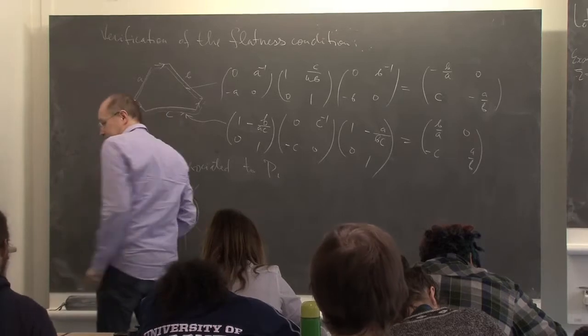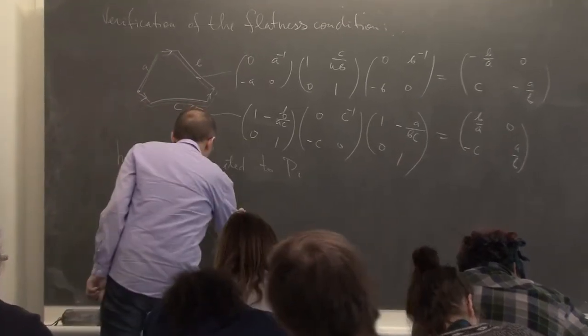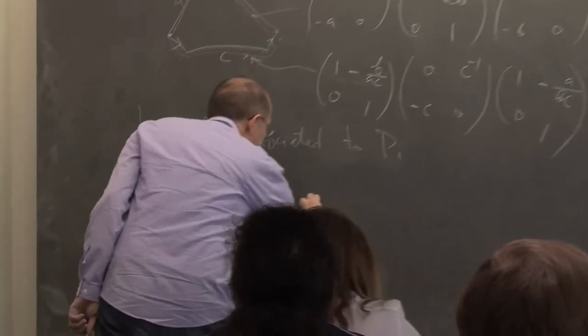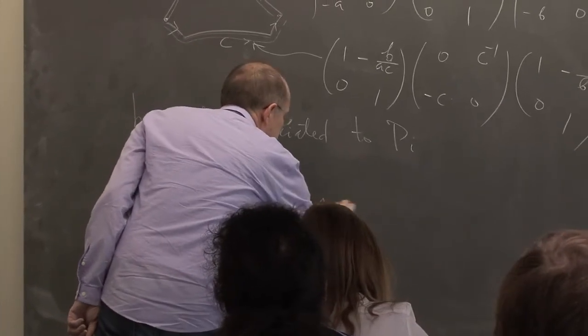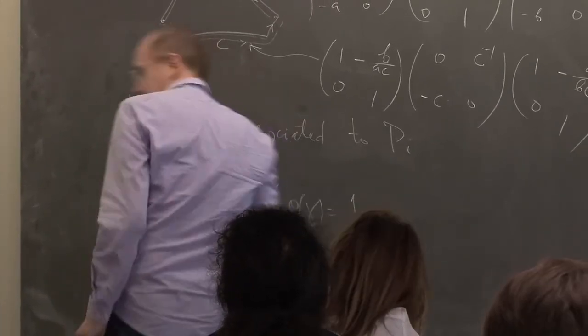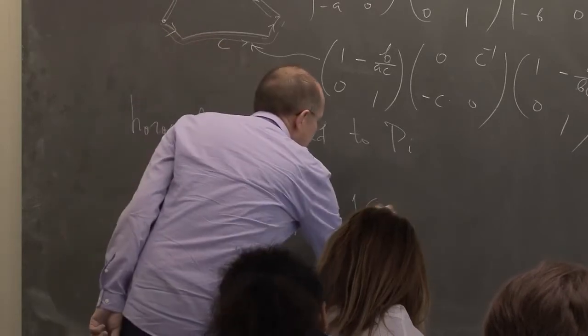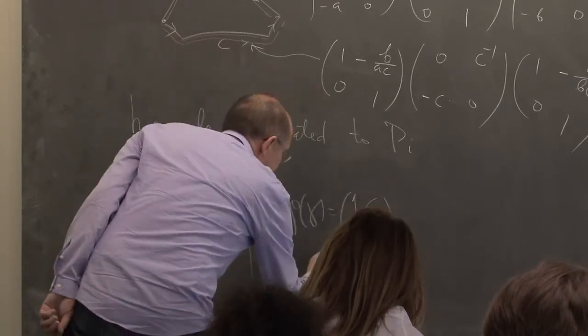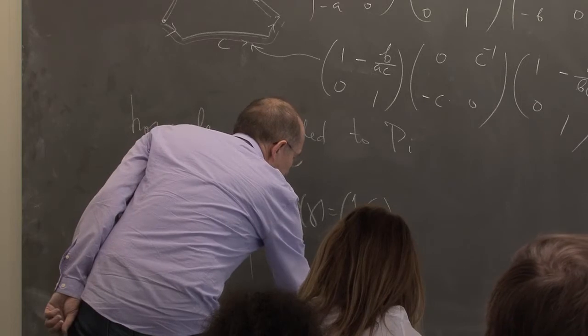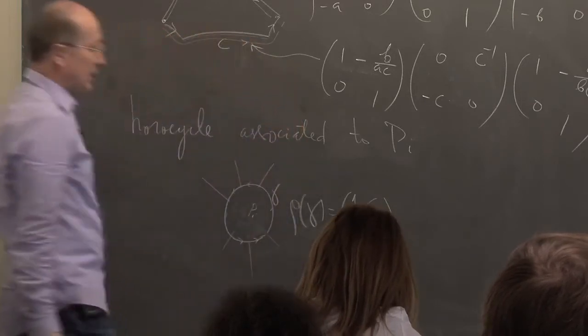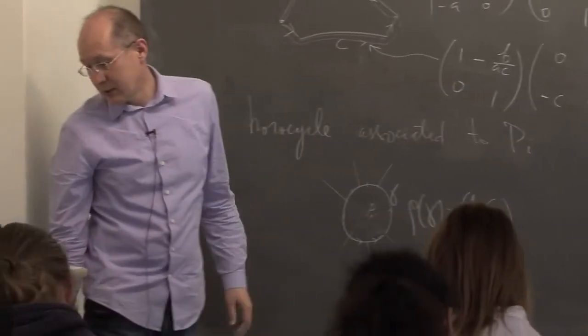So rho of that gamma is given by some matrix with some number c gamma. Right, according to our rules, we end up with that matrix.